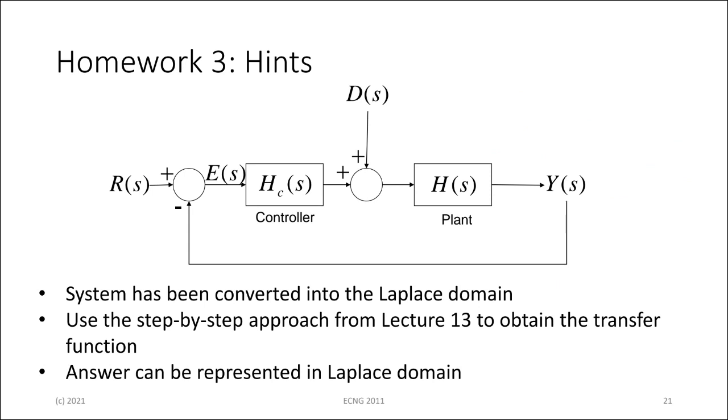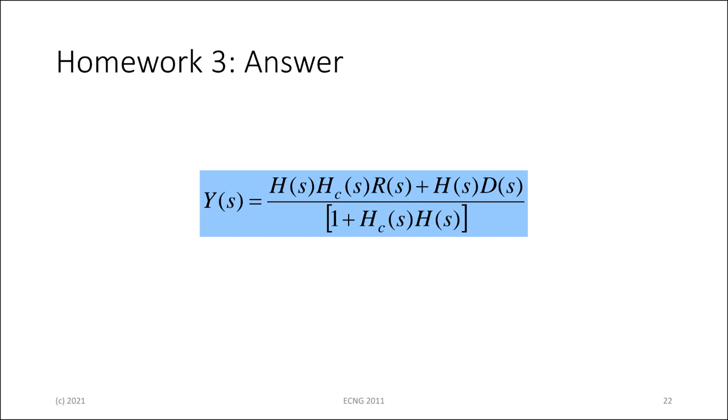well, here I've actually put it back into the Laplace domain, really. Look at this thing, take R(s) by itself and D(s) by itself, and then show that the answer for that system is going to look like this. Notice that the output here is a function of two things, the disturbance and the real input that I want.